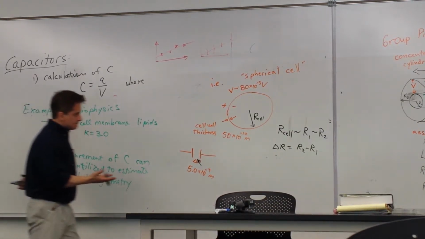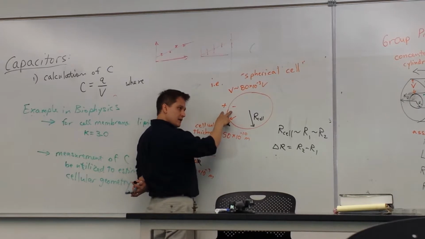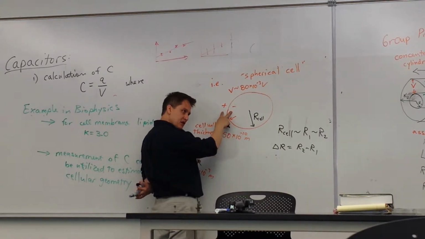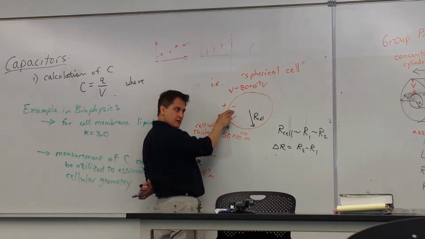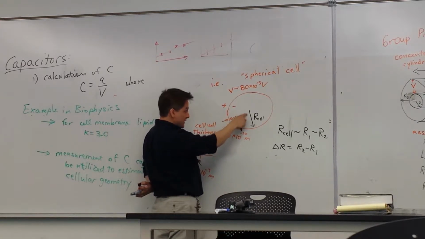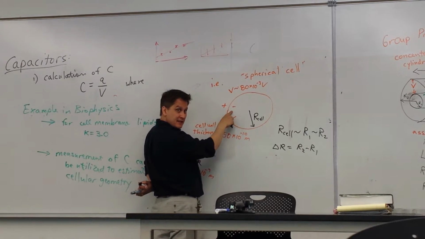So if you could measure the capacitance of this thing, and you knew what the membrane potential is, you could in fact estimate the charge on either side of this cell. Or estimate the dimensions if you knew the capacitance ahead of time.